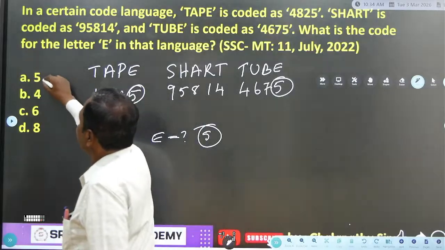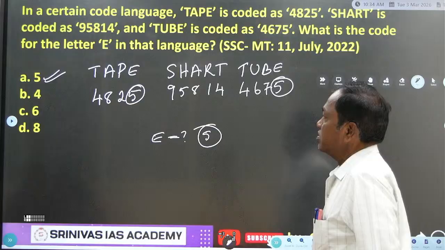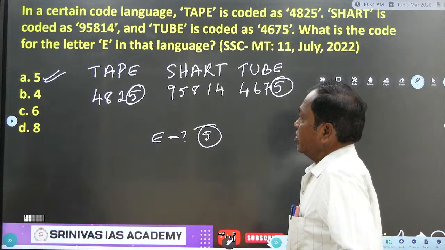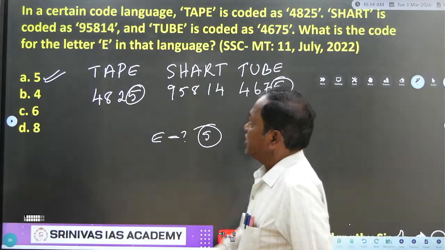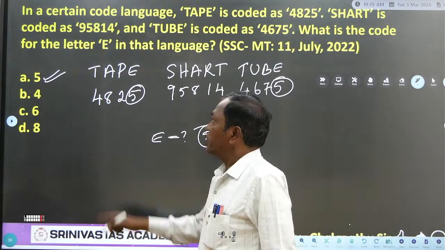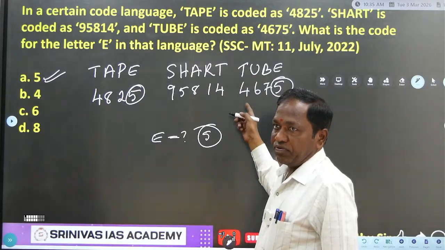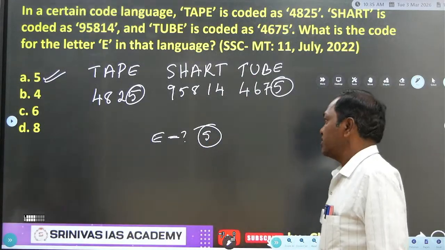It looks like quite a big question, but it's a very simple one. T is the 20th letter, and T is repeated here, coded 4, and T is also repeated here, 4. So you can match letter to letter.